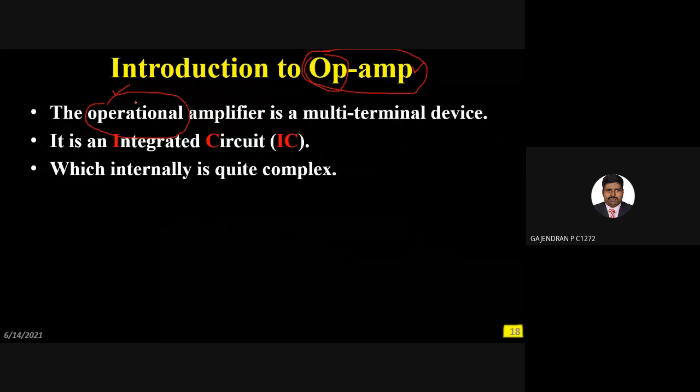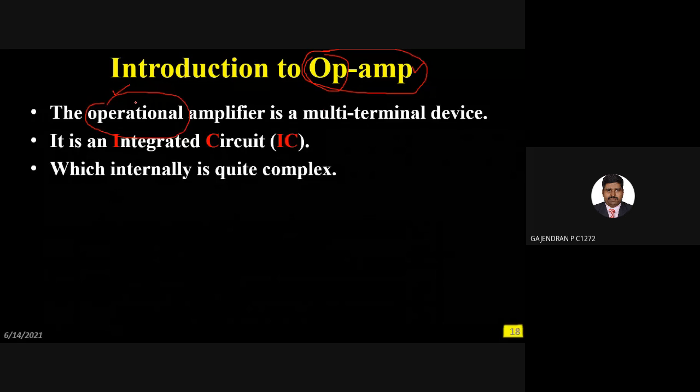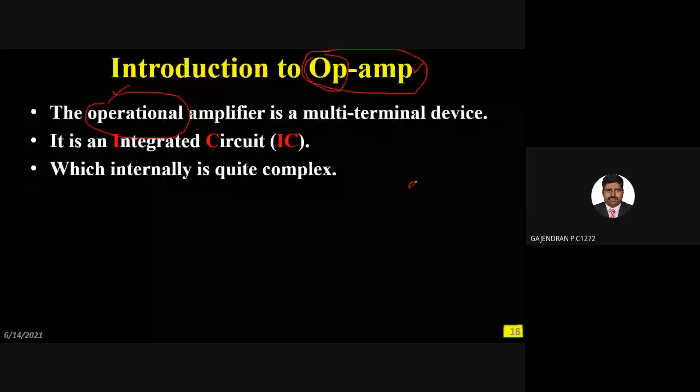Can you give me some examples of the mathematical operations that we are having? Mathematically, what are the operations we can do from the basic things? Subtraction. Yes, very good. Addition, subtraction, anything else? Multiplication, division. Multiplication, division, then what about this one?